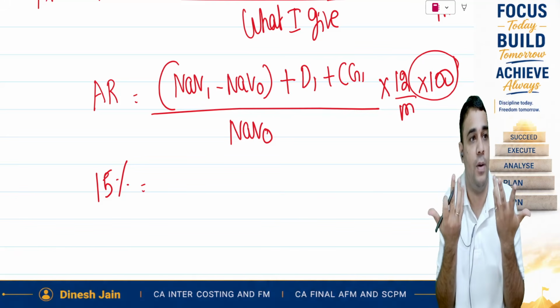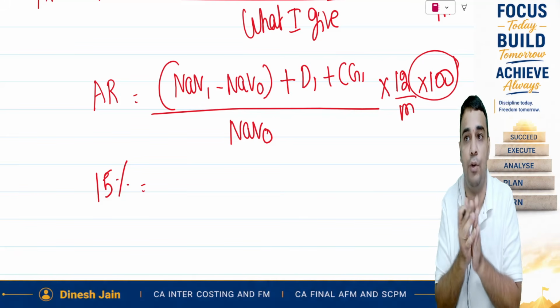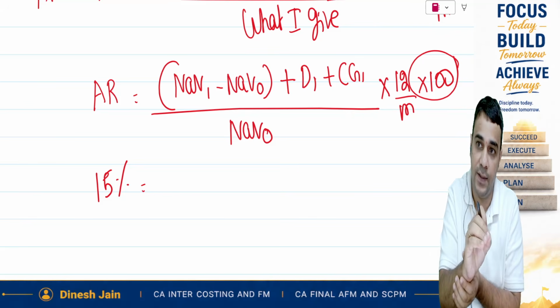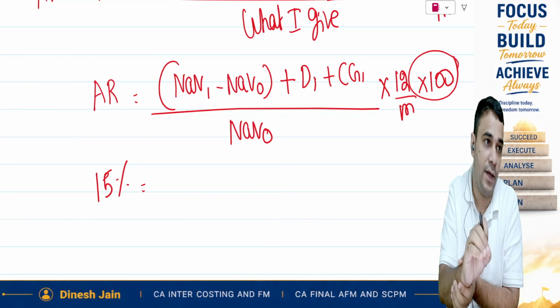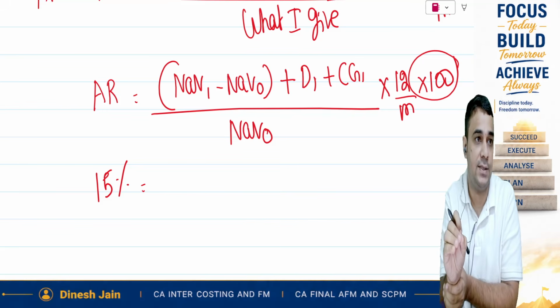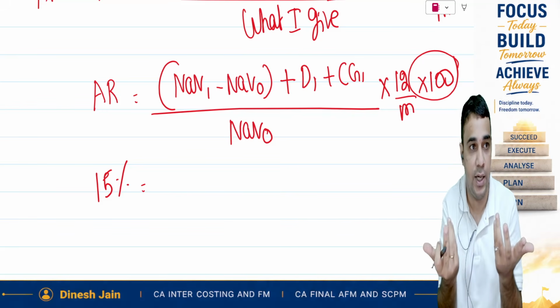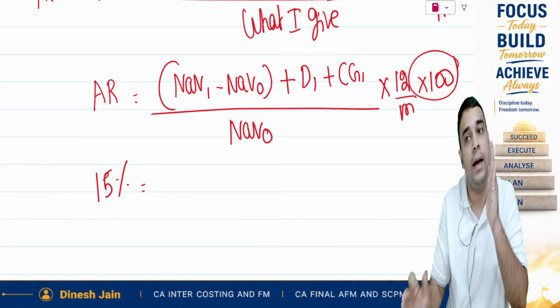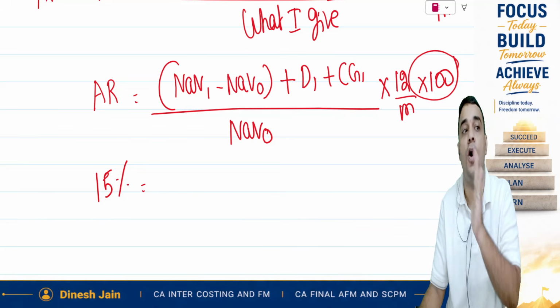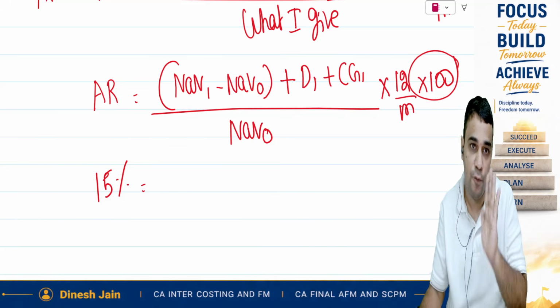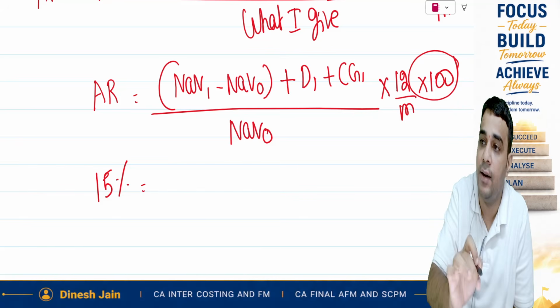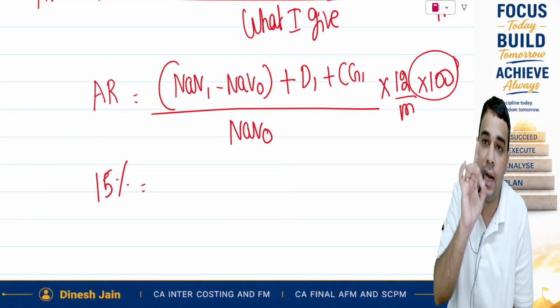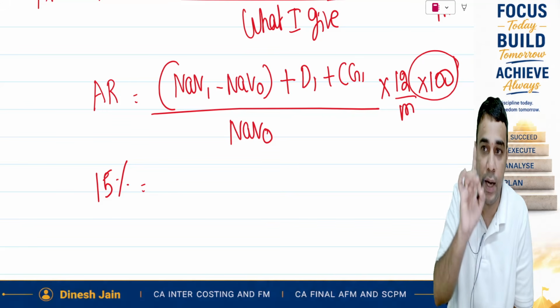Forward working, no problem. Reverse working, when I'm doing, if you write 15 this side, 0.15 this side, 15 percentage this side, it will change the answer, because I am doing a reverse working here. I am not doing a forward working. So you can write 15, you can write 0.15, you can write 15%.